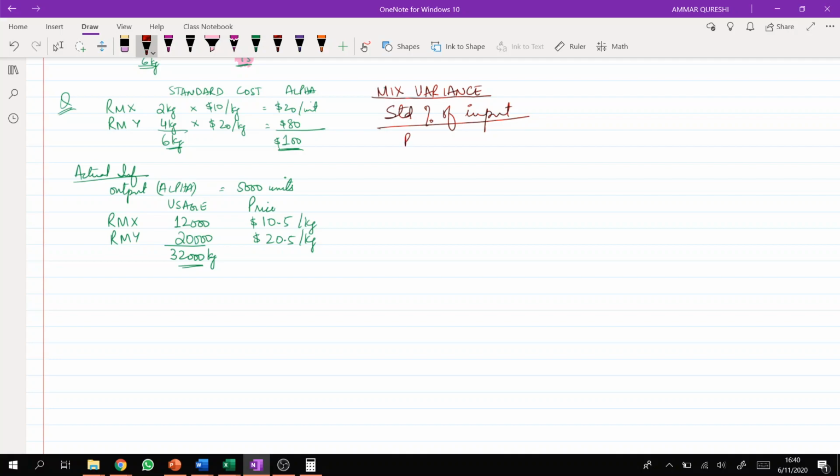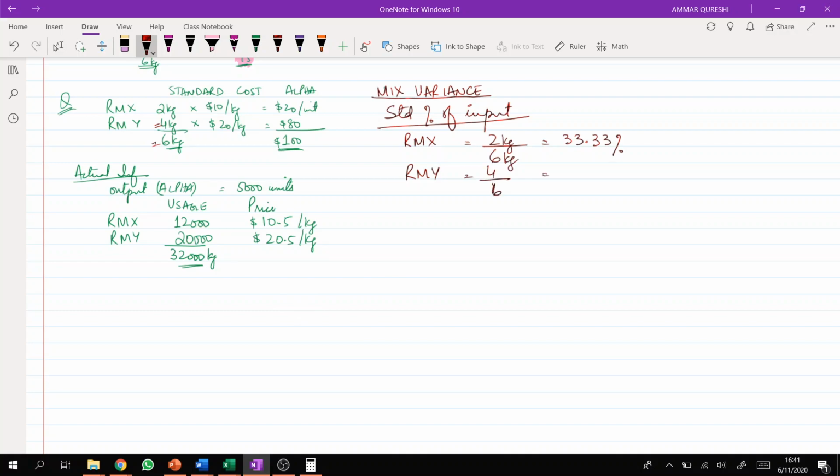For example, for raw material X, we need to input 2 kilograms of raw material X for 1 unit of the product, and 1 unit requires 6 kilograms. So if we are making an overall input of 6 kilograms, 2 kilograms must be X. That makes around 33.33%. And raw material Y is 4 kilograms out of 6 kilograms.